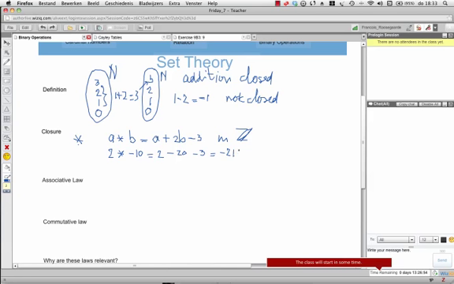And you see negative 21 is an element of Z, so this is a closed operation, because it is easily seen that this is true for every A and B. We could say that in this case Z is closed under this binary operation. Or another way to say it is that a closed binary operation is indeed a function.